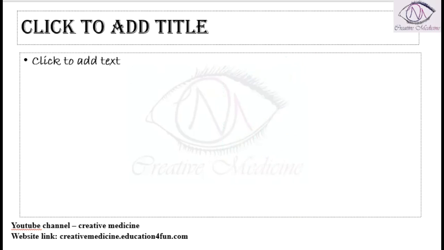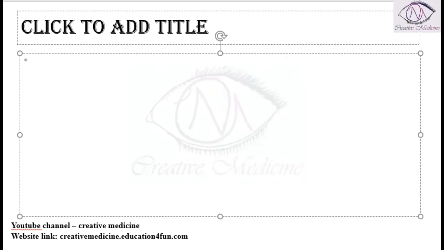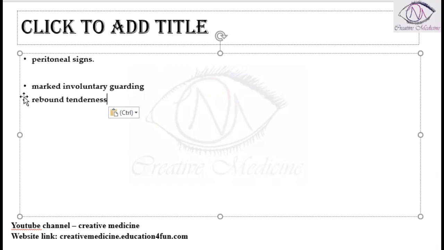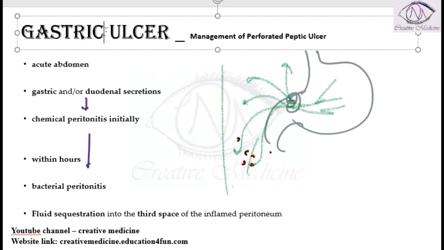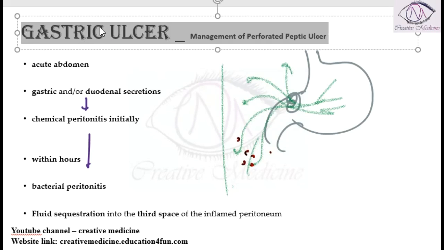Now, because of this, peritoneal signs will develop in the patient, and marked involuntary guarding and rebound tenderness are seen because of this peritonitis.